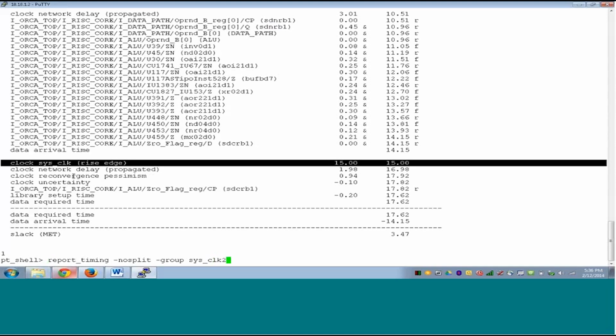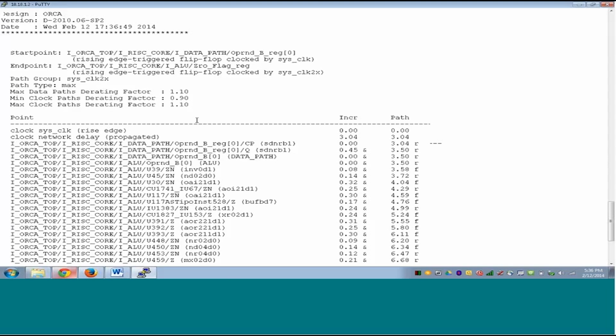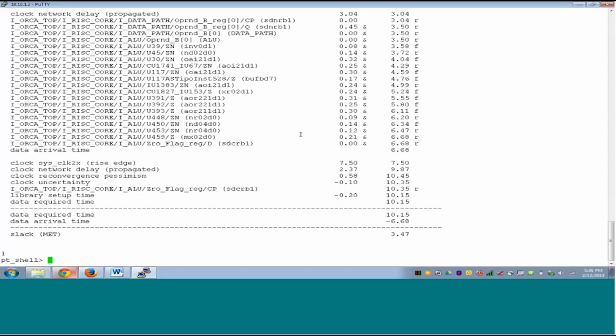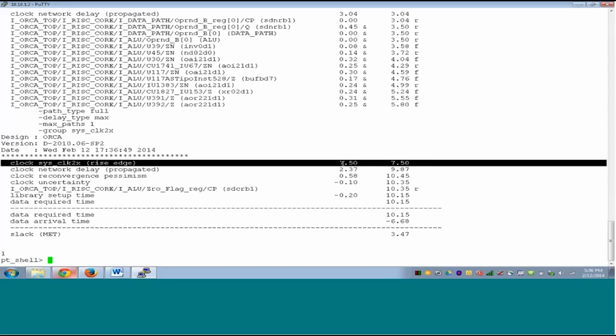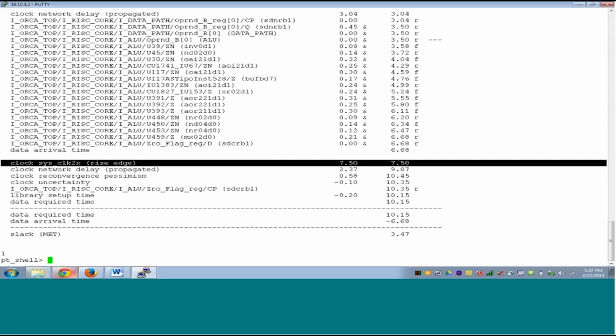Let's see what is the worst path here, from sysclock to sysclock 2x. So again 0 and 7.5. Whether the launch is from the slower or from the faster clock, the period you get is one clock period of the fast clock. So here it's 0 and 7.5.